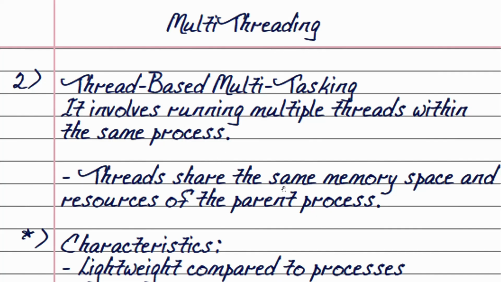Threads share the same memory space and resources of the parent process, because we are executing multiple threads within the same process. That's why the threads share the memory as well as resources.